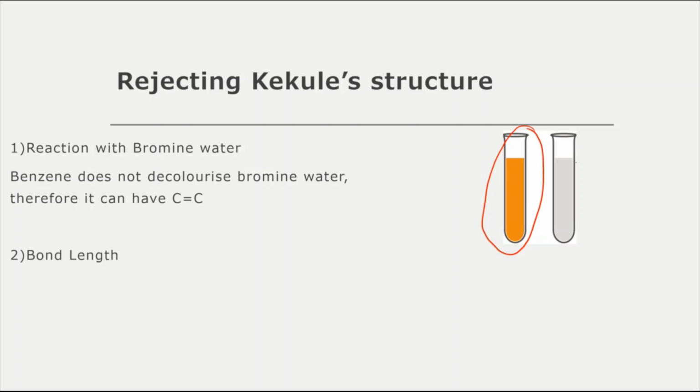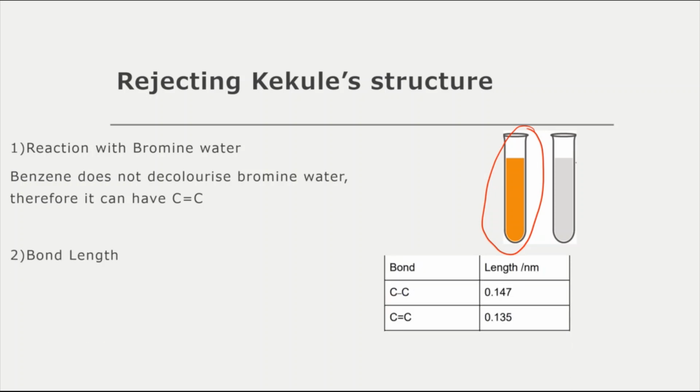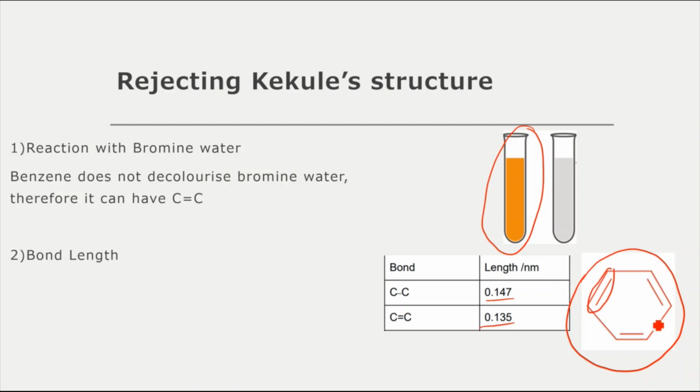Secondly, looking at the bond length, the bond length of a carbon-to-carbon single bond is longer than the bond length of a carbon-to-carbon double bond, as you can see in this example. So what this would mean is a structure of cyclohexa-1,3,5-triene would look something like this. As you can see, the double bonds are shorter than the single bonds.